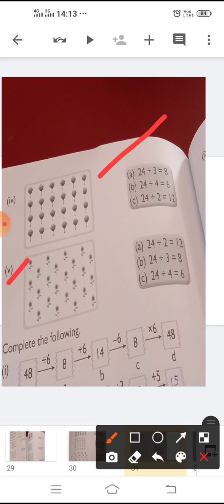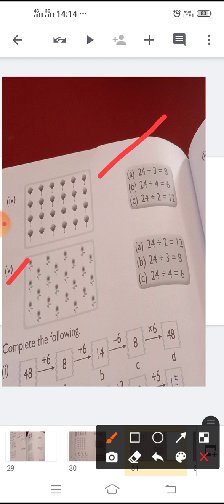You can see how many groups are there. You can see over here, 2 groups? No. 3 groups? No. 4 groups. You can see in each group how many flowers are there.